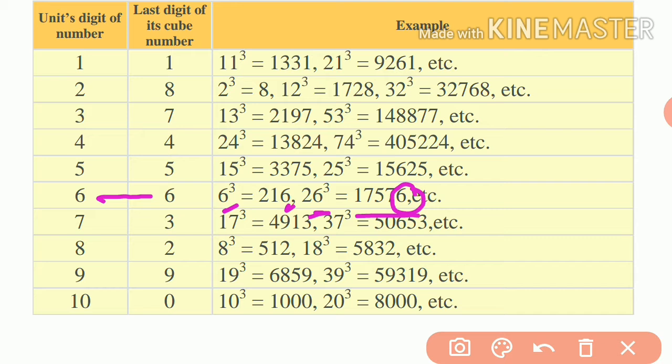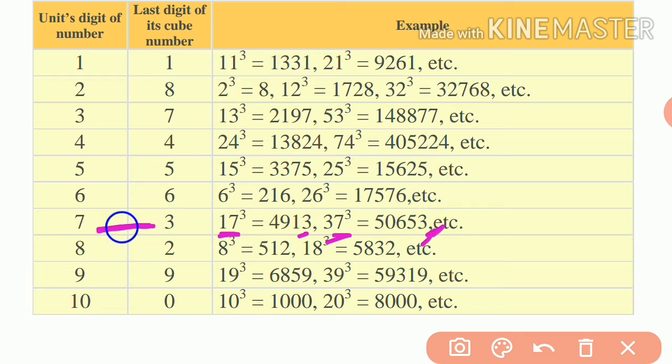And next, if we cube a number that ends with 7, then the result will end with 3. Here is 3, and when we cube 17, similarly 37 ends with 7 and its cube ends with 3.